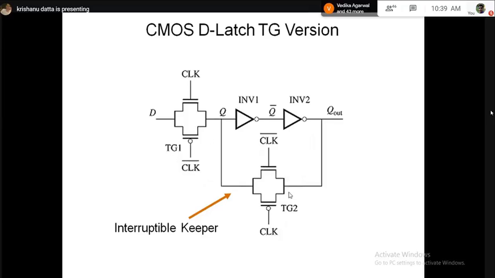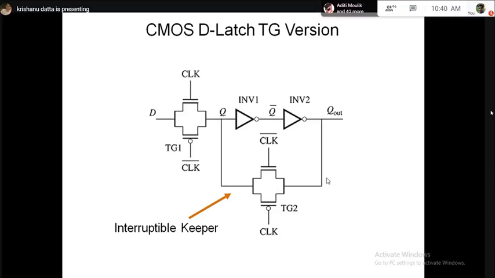And as the clocking is exactly opposite, when the input transmission gate switch is on, the feedback transmission gate switch is off. When the input transmission gate switch is off, the feedback transmission gate switch is on. So with this new structure, this is called interruptible keeper data latch.